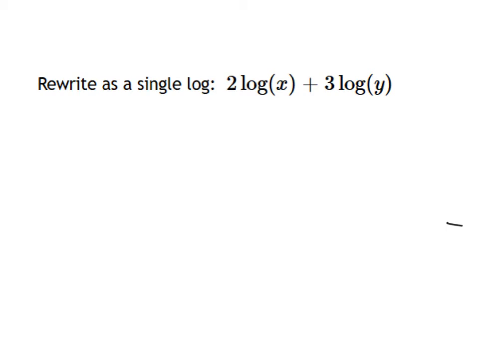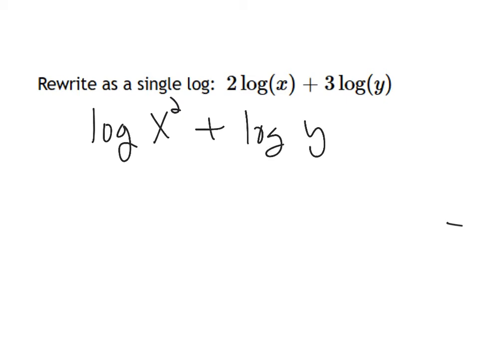I see a sum, so I know I'll be able to do some multiplication, but I also see that I've got an exponent in front of those, and that's kind of problematic. So we're going to get rid of them by writing them as exponents. So I'm going to write this as log of x squared plus log of y to the third.